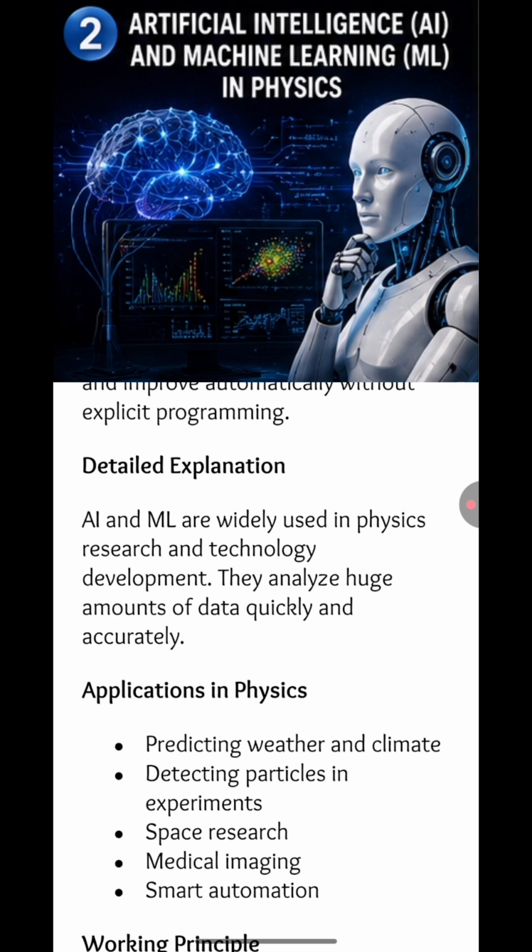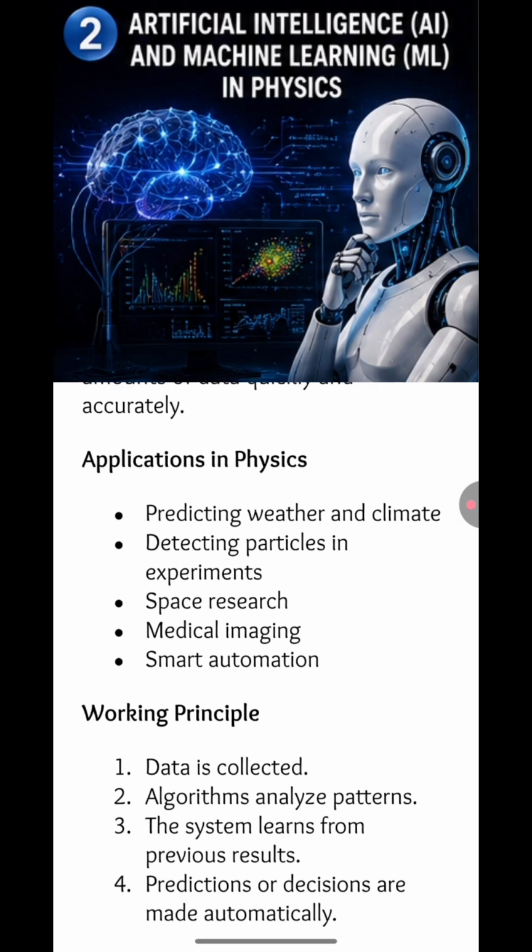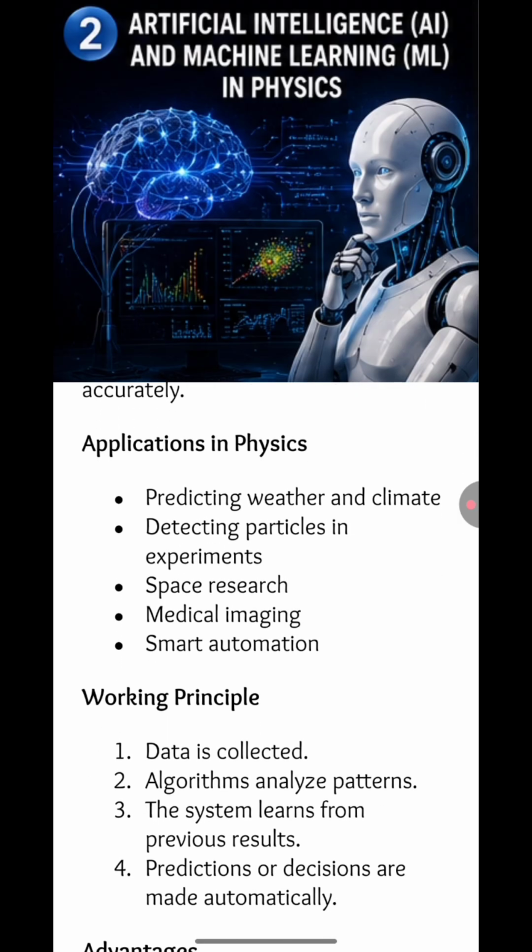These are the applications of AI and ML in physics. Now, what is the working principle? Data is collected, algorithms analyze patterns, the system learns from previous results, and predictions or decisions are made automatically.